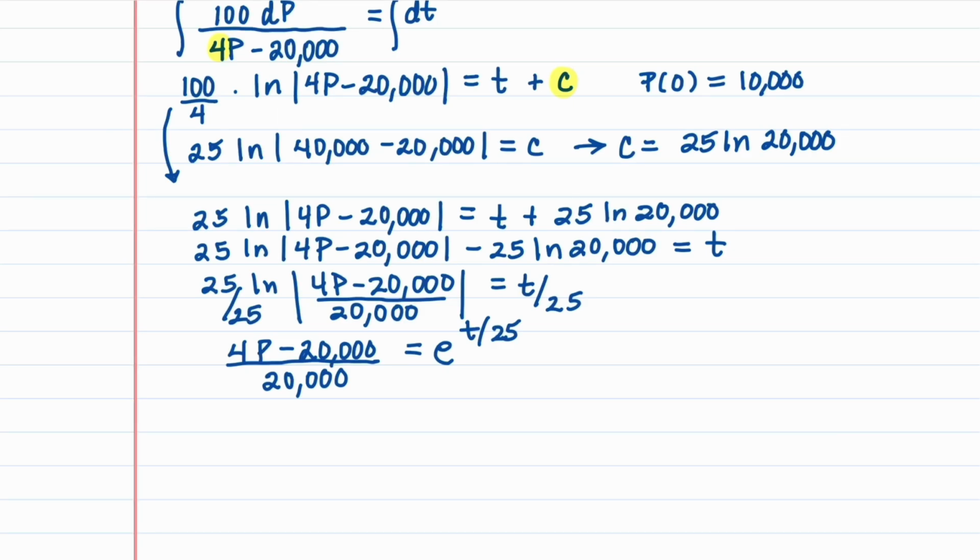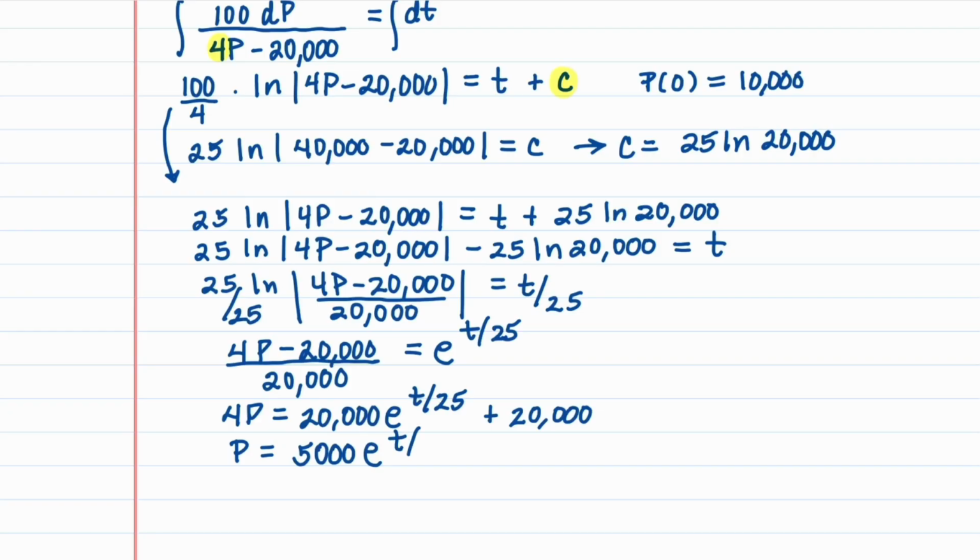Let's now solve for p. So we have 4p is equal to 20,000 e to the t over 25 plus 20,000. And then all we have to do is divide by 4, and we get p is equal to 5,000. Hang with me, we are almost done.